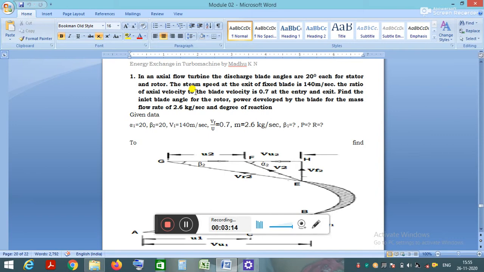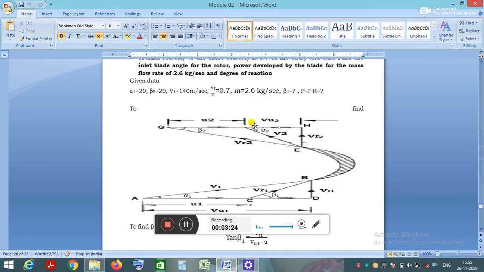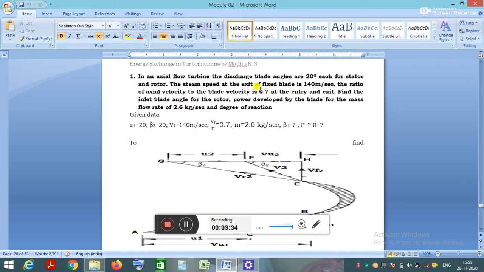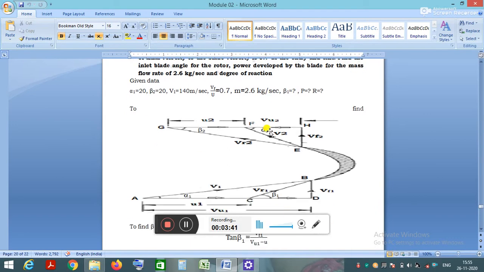The steam speed at the exit of the fixed blade. Thus again he has given the steam speed at the exit of the fixed blade. Which is the fixed blade? It is the nozzle through which the fluid is coming at the inlet of the blade. The speed of the steam at the exit of the fixed blade is nothing but V1, because it is a fixed blade, not the rotary blade, not the blade which is moving.